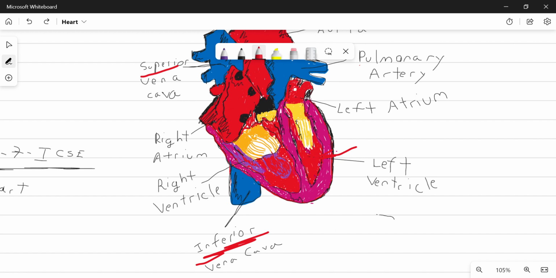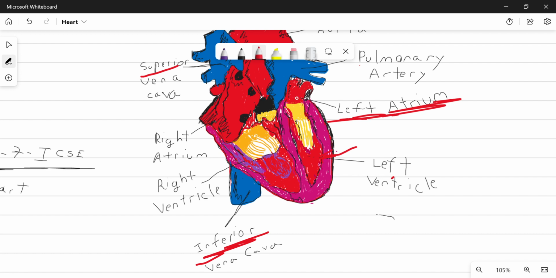And above the left ventricle, you'll see the left atrium. Just opposite the right atrium, this is the left atrium, just above this rod kind of thing with strings coming out of it.